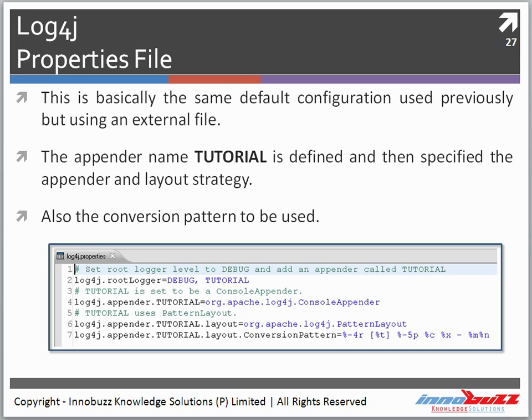Then, the c character to output the category of the logging event. Then, the x character to output the nested diagnostic context associated with the thread that generated the logging event. At the end, the m and n characters to output the application supplied message associated with the logging event and the platform independent line separator.